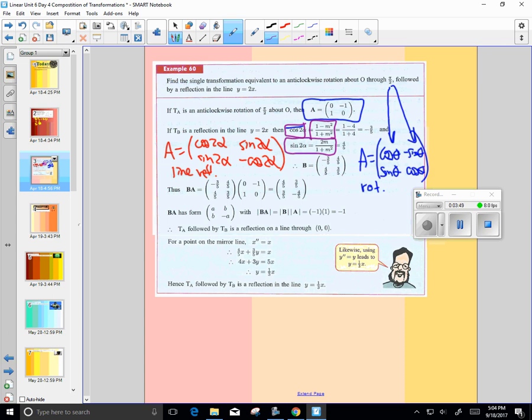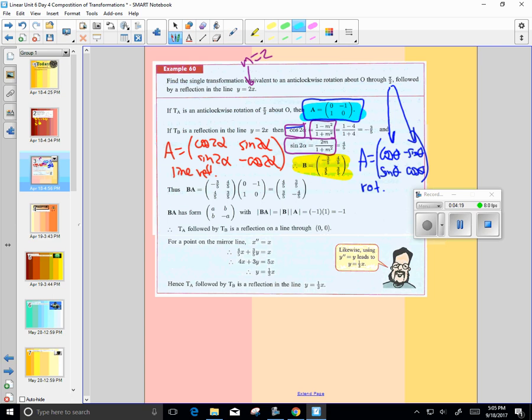And so when I take the slope here, m equals 2 from this problem, put the 2 in for m, I'm going to get negative 3/5 for cosine 2 alpha and 4/5 for sine 2 alpha. So this here is the reflection about the line. This up here is my rotation.